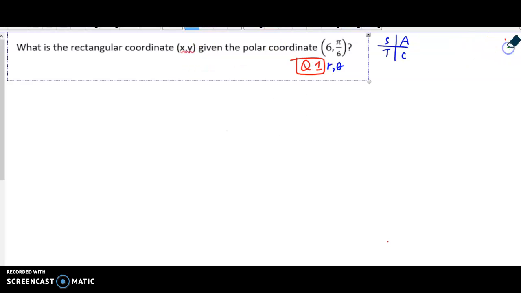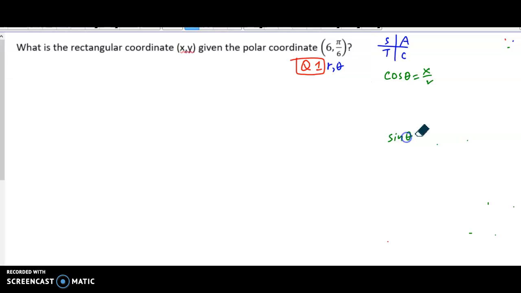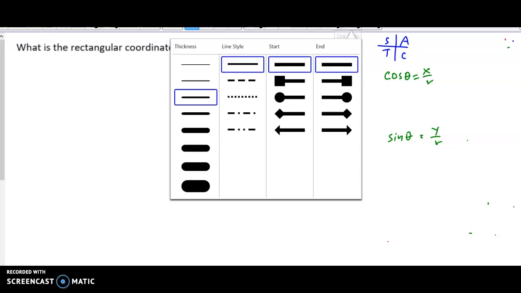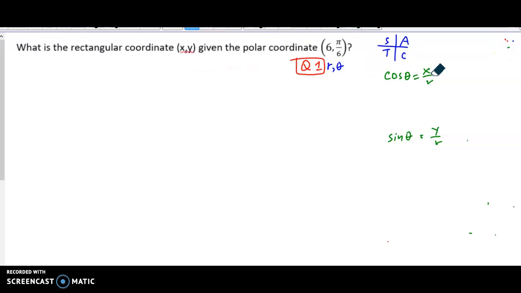Now before we get started on this, we're also going to do a flashback, from earlier in the semester. We learned that cosine theta is equal to x over r, and sine theta is equal to y over r. And so what if we were to multiply by r on both sides for both of these equations?